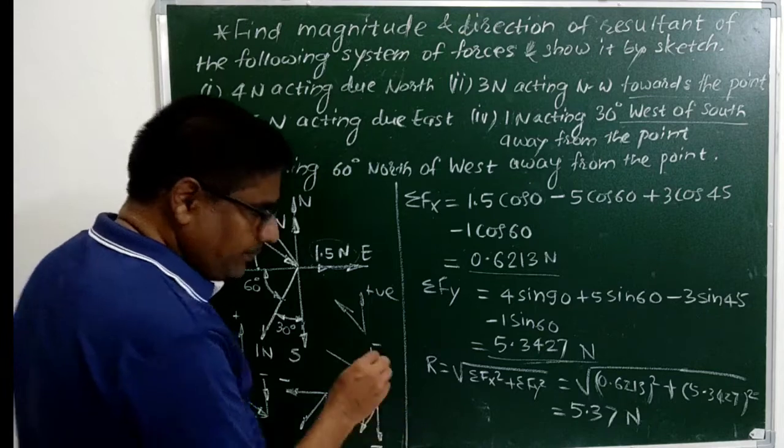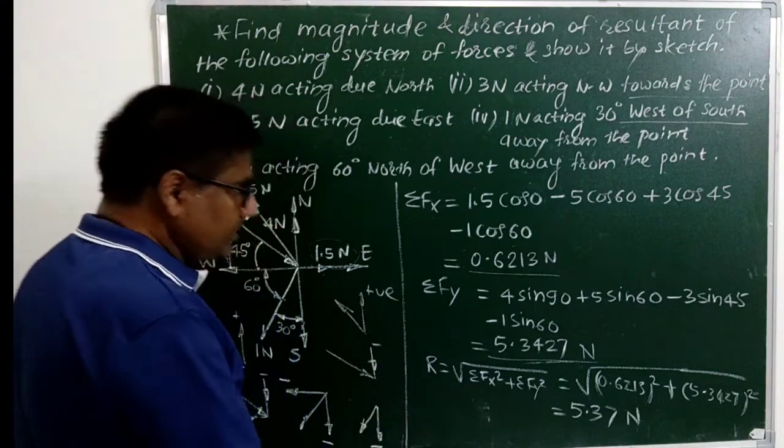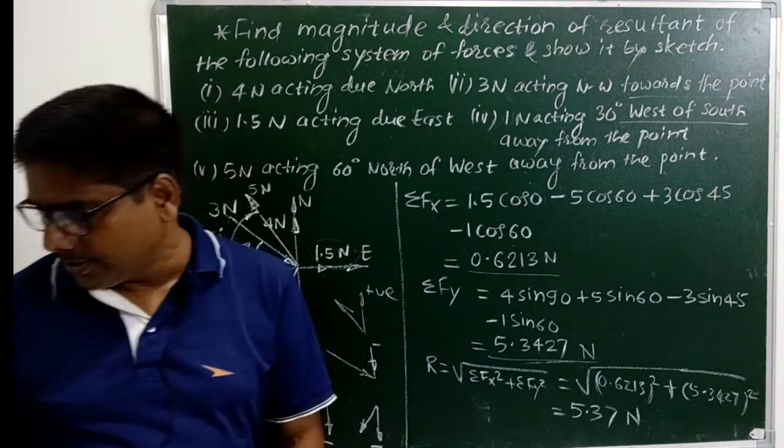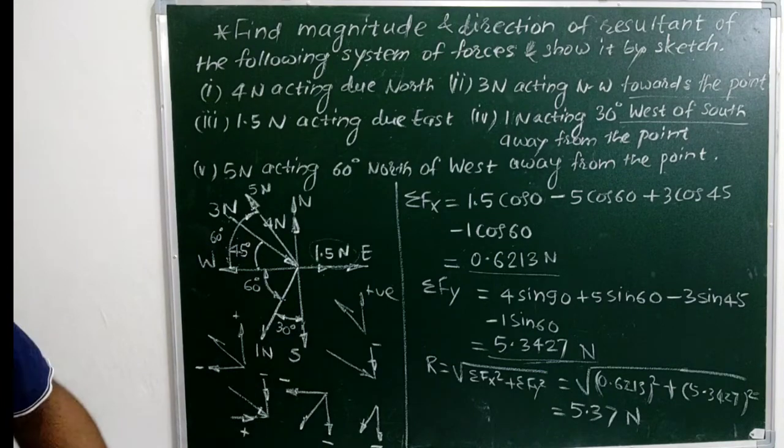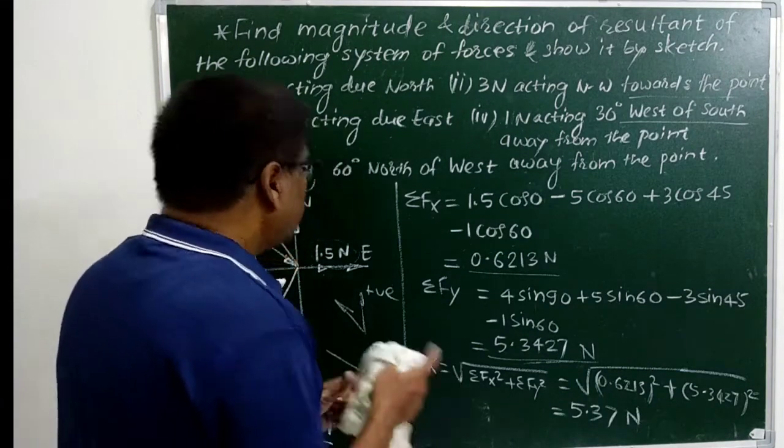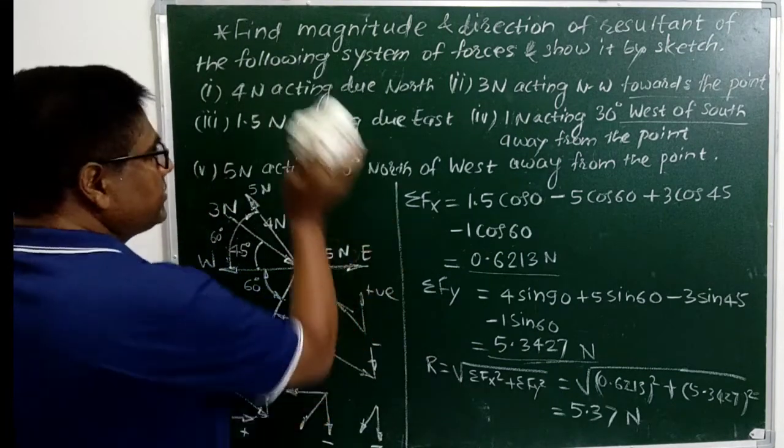And let's find the direction of this resultant. To find the direction of the resultant, we have to use the tan inverse of sigma Fy by sigma Fx formula.